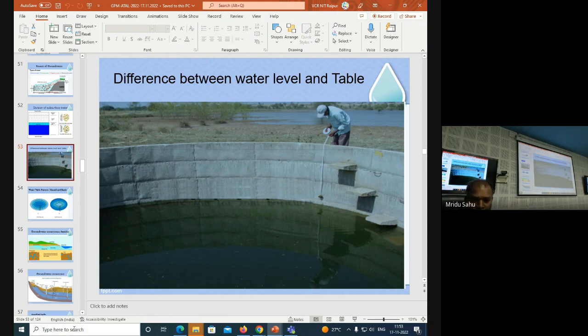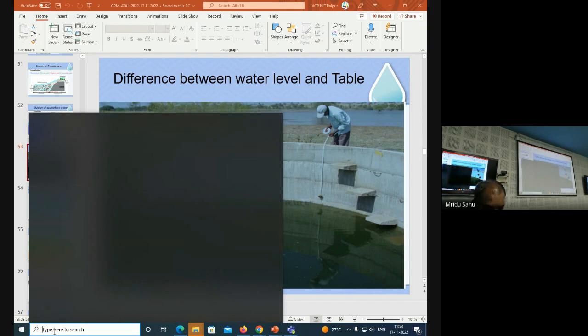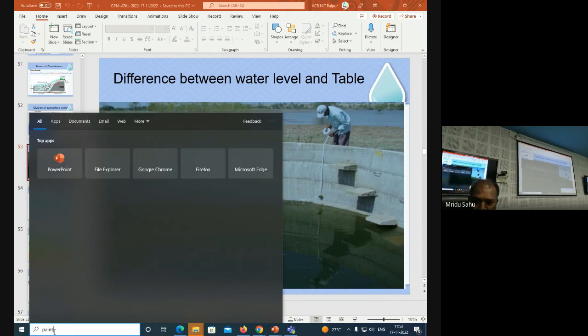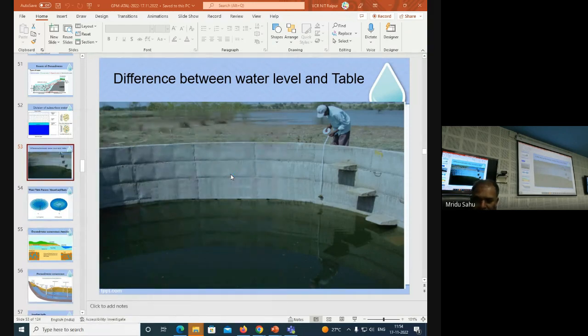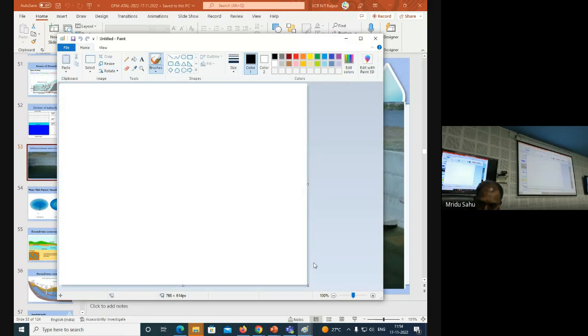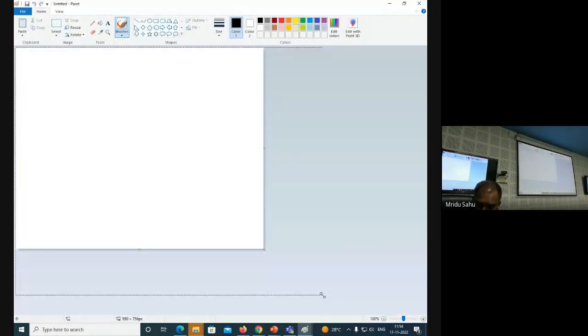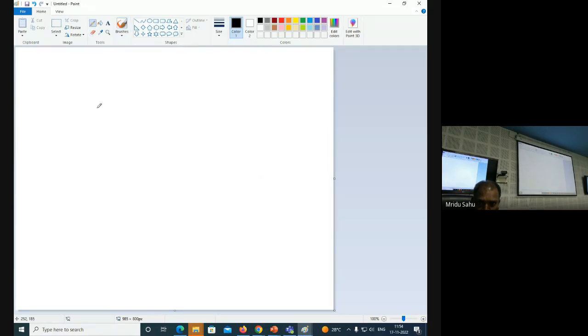Let me open the paint here. This is your well, and suppose this is the upper surface of the saturated zone, and this is your ground surface.